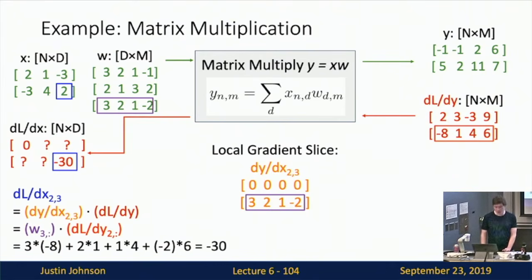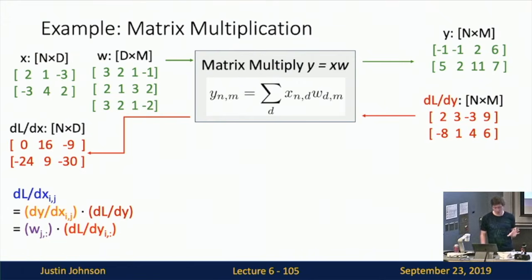So when we take this inner product, we see that this other element of the downstream gradient is again an inner product between one of the rows of the weight matrix and one of the rows of the upstream gradient. And now you could work through this with some complicated indexing expressions on paper, but it ends up that you get this general expression: for any individual element of the downstream gradient, it ends up being an inner product between one of the rows of the weight matrix and one of the rows of the upstream gradient.